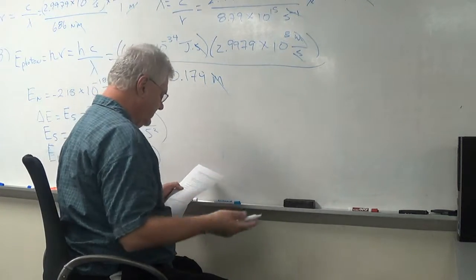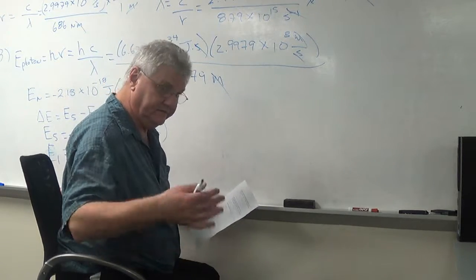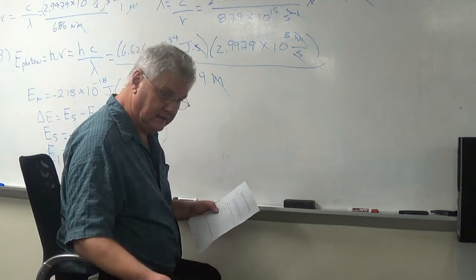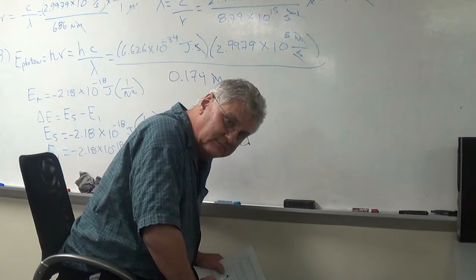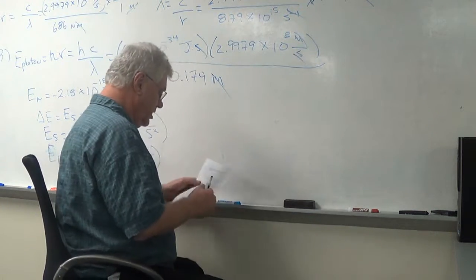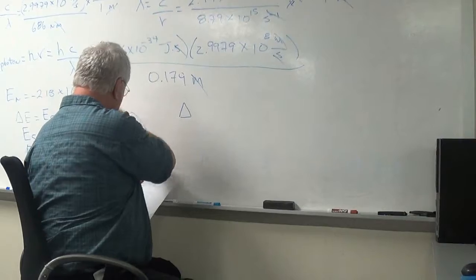Another approach, we could obviously determine the energy of the electron in the 5th energy level and the energy in the 2nd, and we can subtract, just like we did over here. Or there's another way of doing it, it combines these two terms.